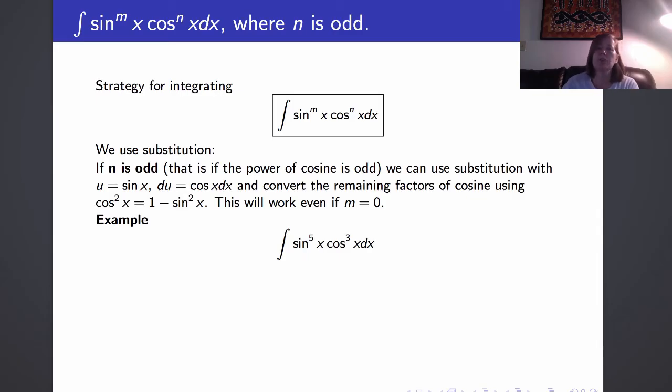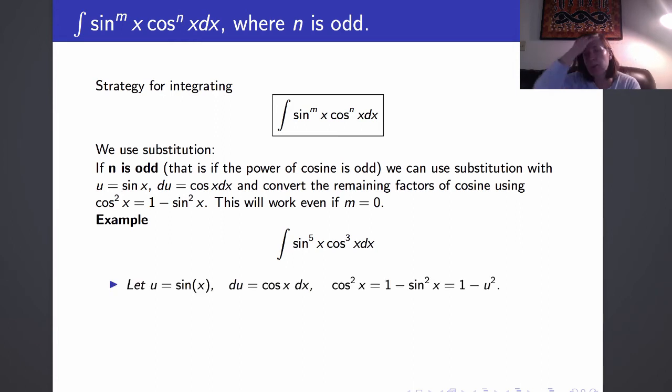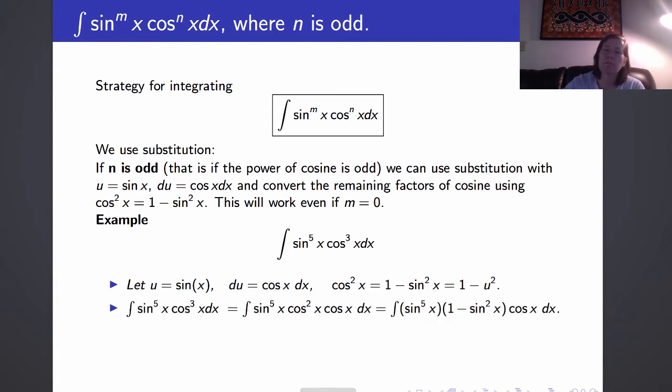So suppose we want to integrate sine to the 5x times cosine cubed x dx. So the claim is that here, because 3 is odd, we can make the substitution u equals sine x. If we do that, then du is cosine x dx, and we can convert cosine squared to 1 minus sine squared, which is 1 minus u squared.